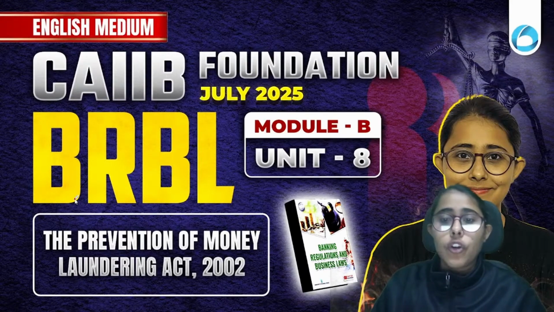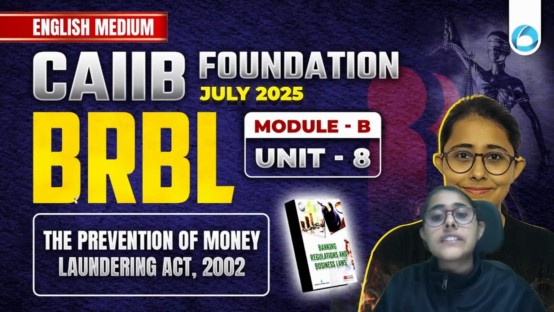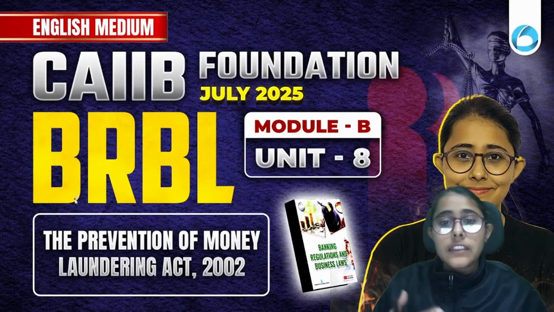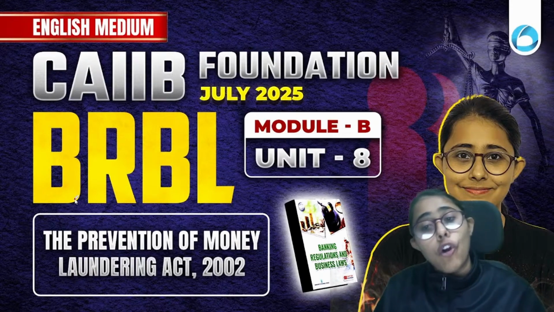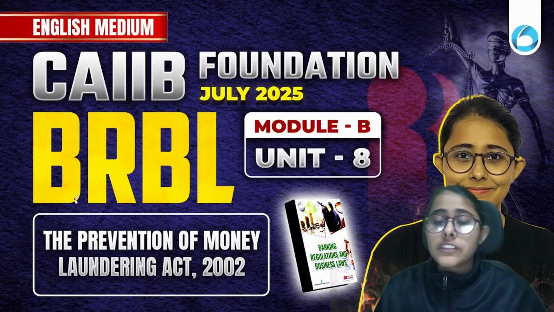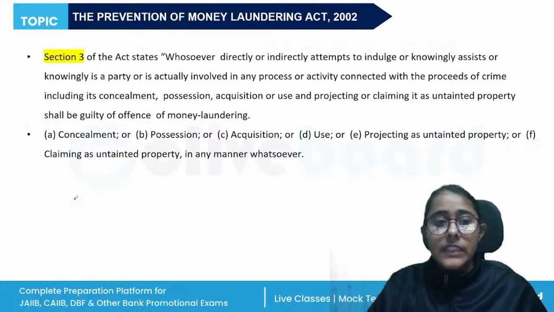That is money laundering. So the Prevention of Money Laundering Act of 2002 was enacted to prevent money laundering and to provide confiscation of property. Now the authority to confiscate the property that is derived from or was involved in money laundering has been provided. There are various chapters, various sections, various provisions that we are going to see. So let us start now.